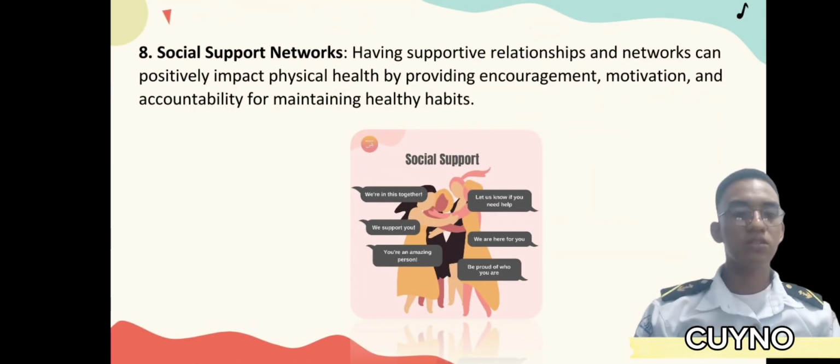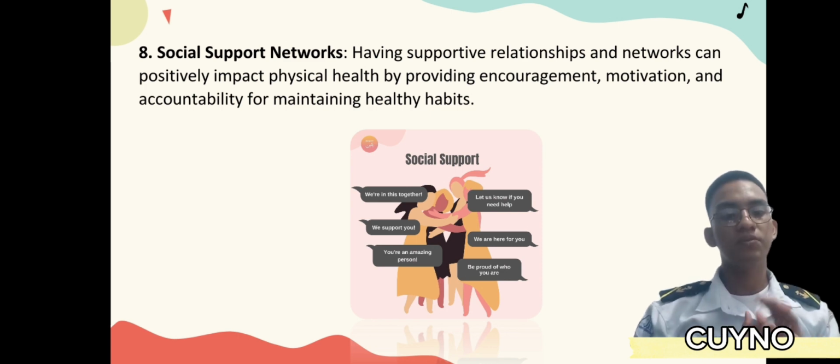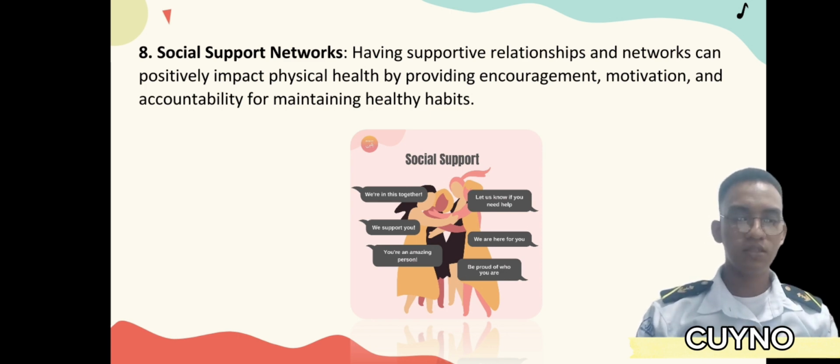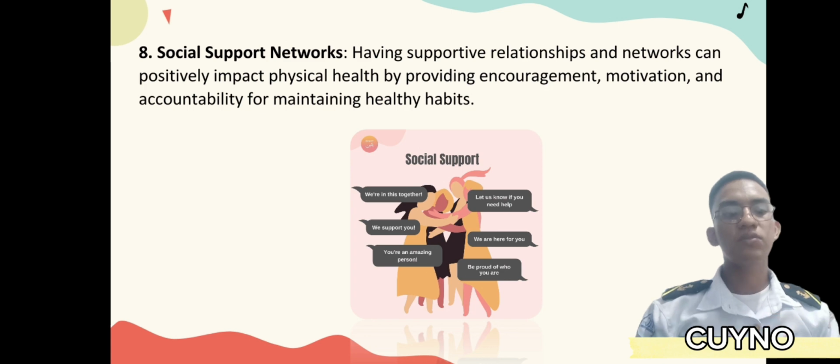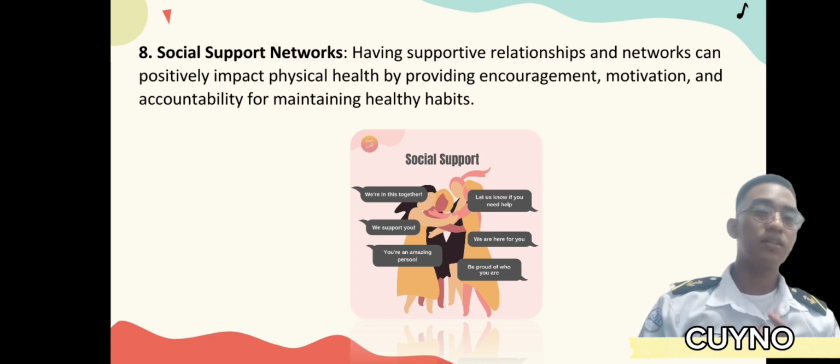Social support networks. Having supportive relationships and networks can positively impact our physical health by providing encouragement, motivation, and accountability for maintaining health habits. So, supportive relationships and networks play a vital role in improving physical health.